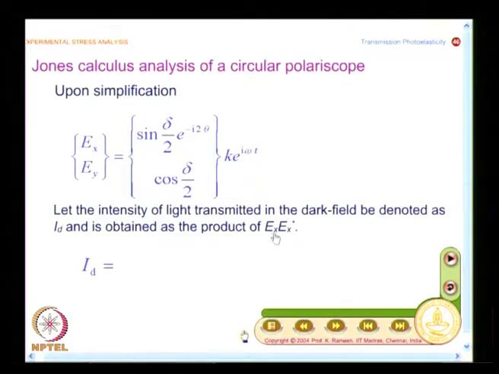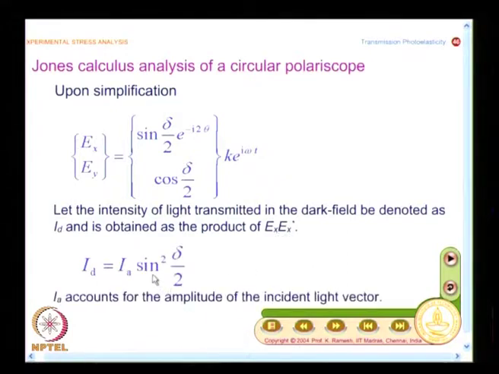I get this as E x into E x star, where E x star is the complex conjugate, and I simply get this as I a sin squared delta by 2, and I a accounts for the amplitude of the incident light vector. And what you find here is this expression is independent of theta.